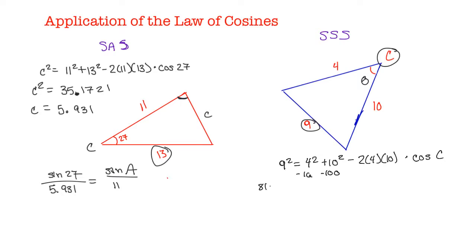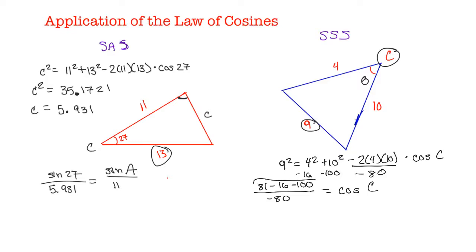So that ends up being 81 minus 16 minus 100. And then divide by negative 2 times 4 times 10, which would be negative 80. So divide all of this by negative 80, and that's going to equal cosine of C. And notice all I did is write down the stuff I could easily do in my head.